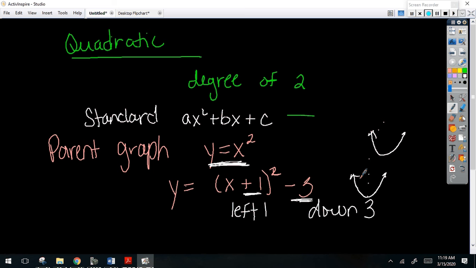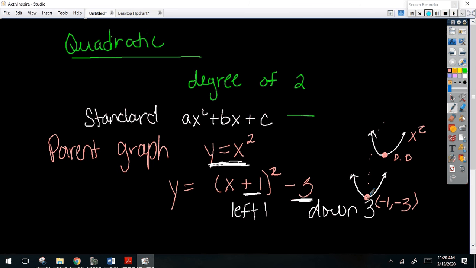So when we talk about quadratics, let me say this first. If this is our parent, this is just x squared, right? This point was (0, 0). If I slid that point left 1 and down 3, this point becomes (-1, -3), right?